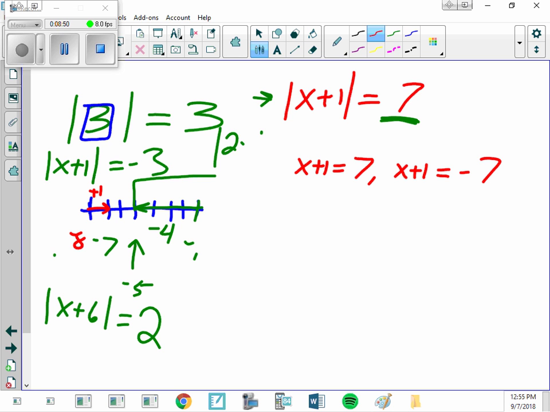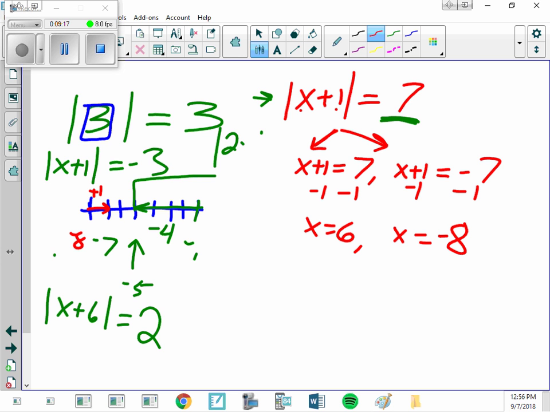But if x plus 1 equals negative 7, then the absolute value is going to correct that negative, and I'll end up with positive 7 either way. So I just split this into two equations. The inside equals 7, and the inside equals negative 7, and then I solve both of them. And I get x equals 6, and x equals negative 8.